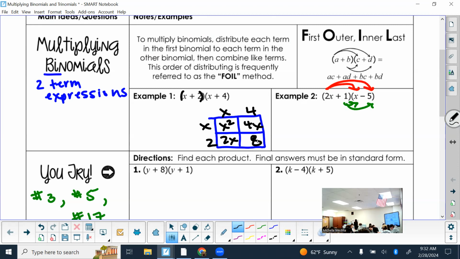But when we write our final answer in standard form, we want it to be fully simplified with all like terms combined. So does the x squared have a like term? So I just write it. I'm not combining the x squared with anything. Does this 4x have a like term?